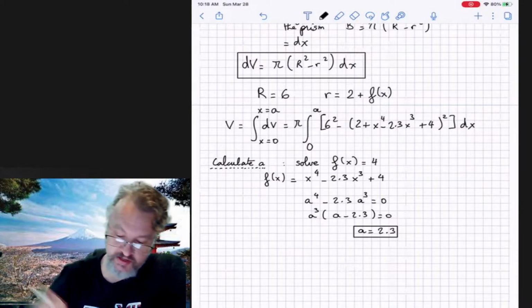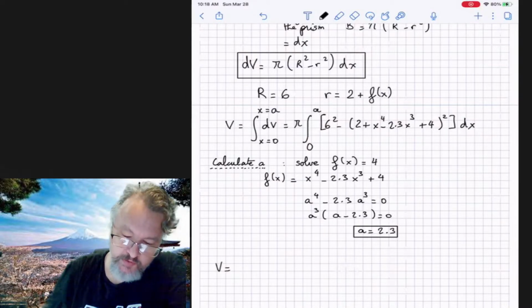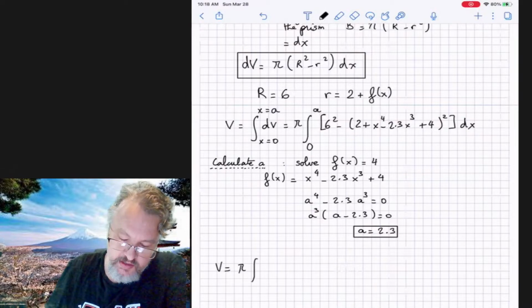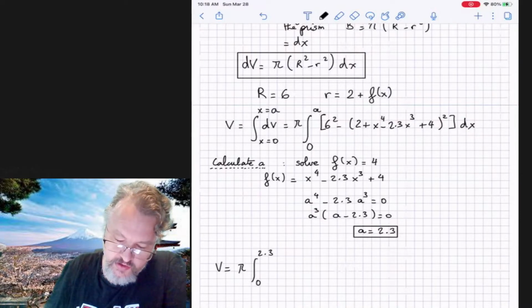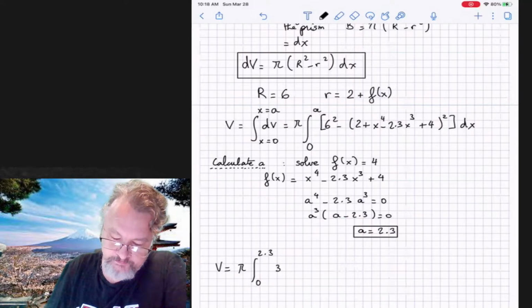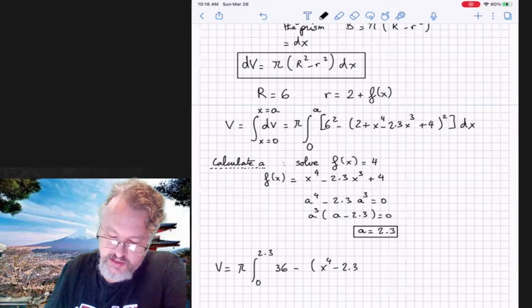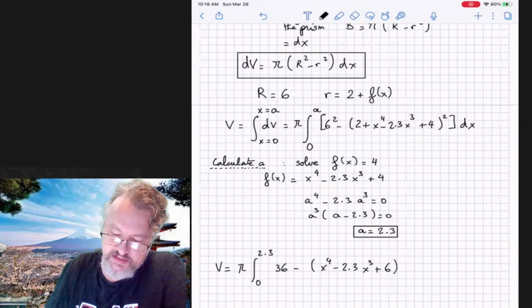We good? Therefore, our volume is going to be pi times the integral from 0 to 2.3 of 36 minus (x to the fourth minus 2.3 x cubed plus 4 plus 2) squared dx.